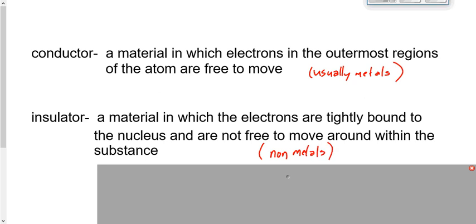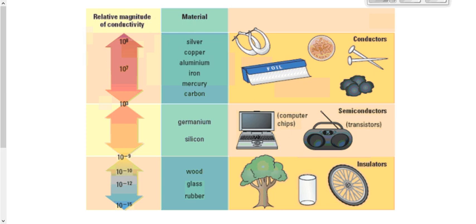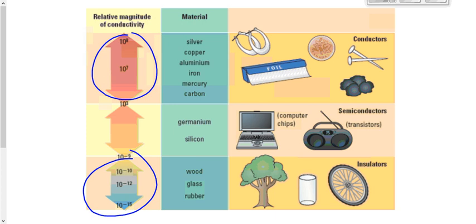This next page just shows various materials and where they rate relative to other materials in terms of conductivity. You can see that these guys, their relative conductivity is very, very high compared to these guys. Silver is 10 to the 8. That doesn't mean there are any units with that.